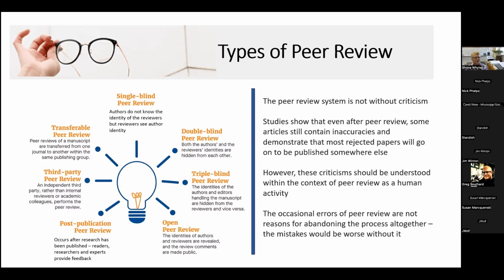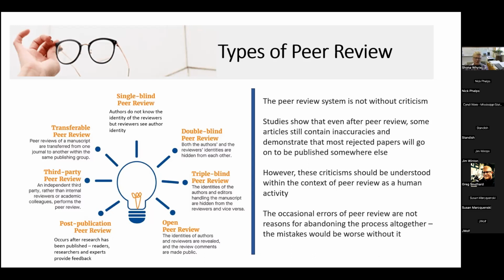And then the other ones, third-party peer review, post-publication peer review, and open peer review, are more linked to open access publications. And the open peer review is more about the author's identity and the reviewer's identity being made known, and that the review is also public, so that anybody looking at the manuscript will also be able to see who the reviewers were and what they said about the manuscript.